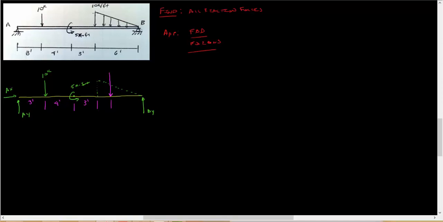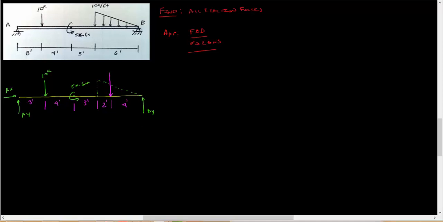I'm going 1/3 the distance from the left side of this triangle, or distributed load. So 6 divided by 3 is 2. And this way I'm going 1/3, not 2/3, 1/3. 2/3 from the smaller side, which would be 4. So those are my distances for the distributed load.